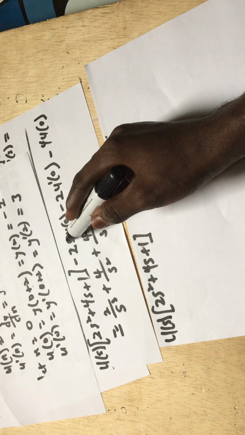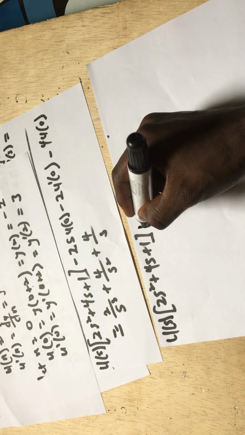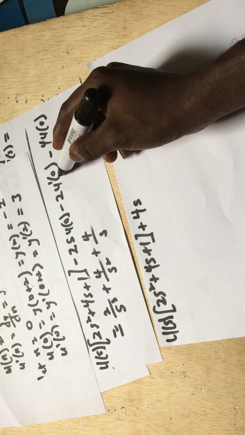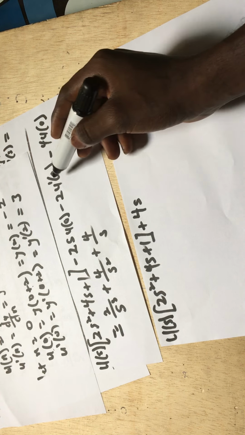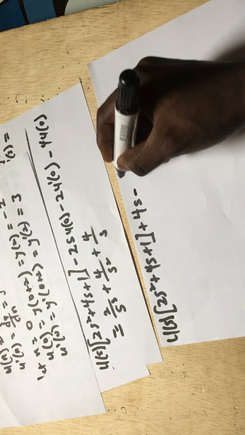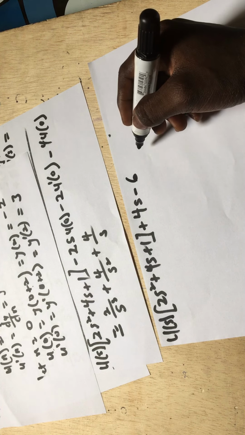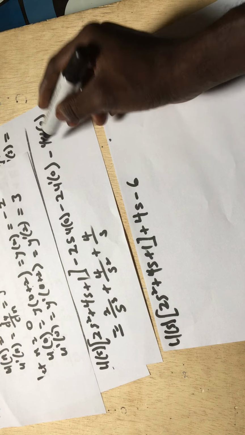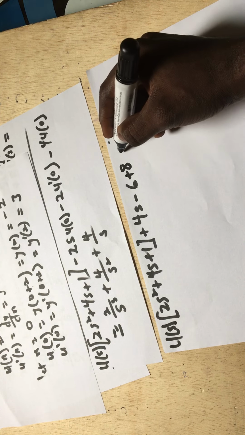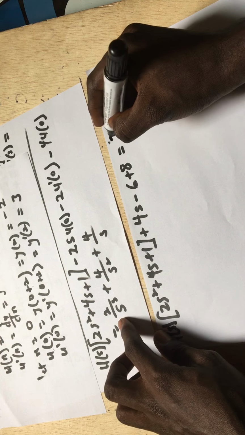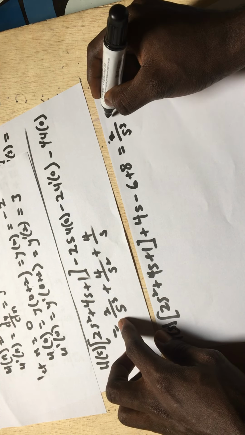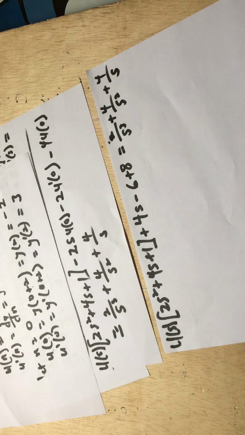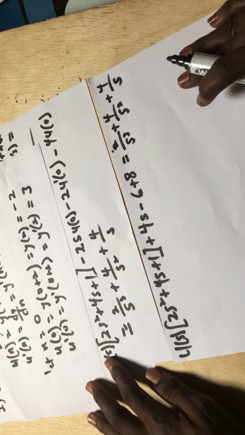When negative multiplies this, we get positive 4s. Now taking this 3, we multiply by this, it will give us negative 6. Then this U(0), which is negative 2, multiplied, gives positive 8. That must be equal to 2 over s cubed plus 4 over s squared plus 4 over s. Are you guys okay?